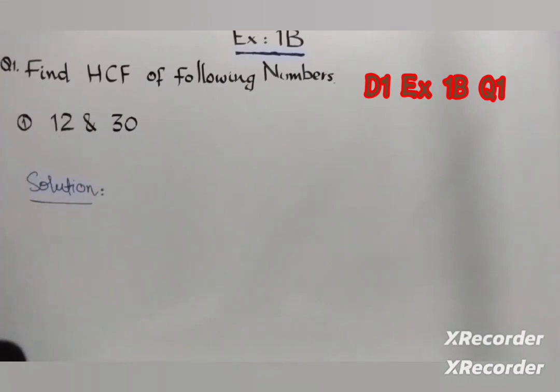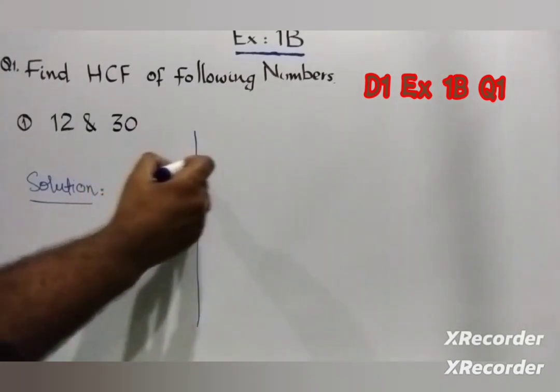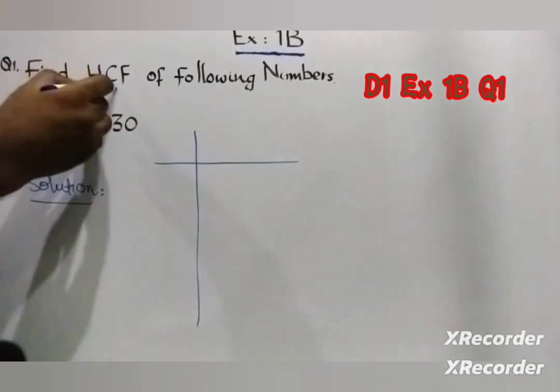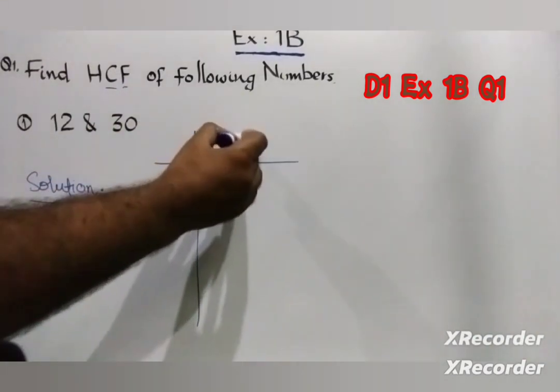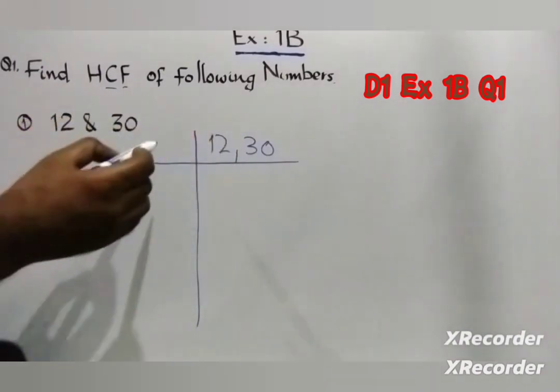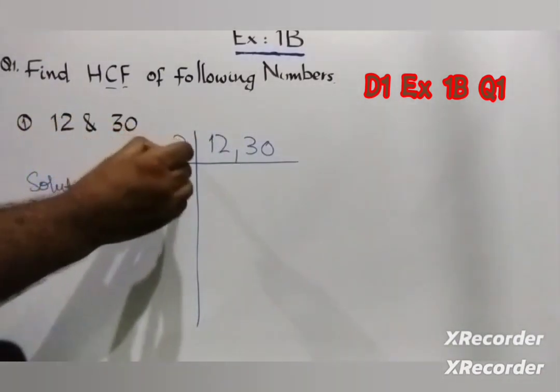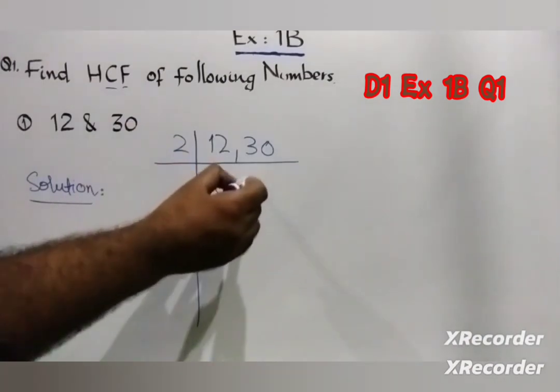We have to find the HCF of these two. We have learned that we have to find the common factors. The first number is 12 and the second number is 30. The first common factor of these two numbers is 2. We get 2 sixes are 12 and 2 fifteens are 30.